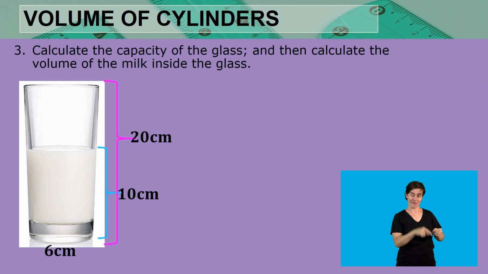So we are going to first calculate the capacity of the glass, which means the volume that the glass can take. So when we are calculating that, the whole glass, which is in the shape of a cylinder, of course, would be pi multiplied by the radius squared, and we are going to multiply that by the height.